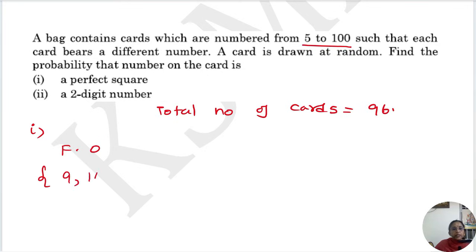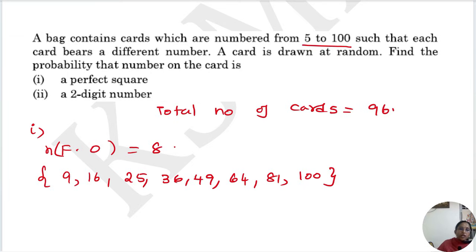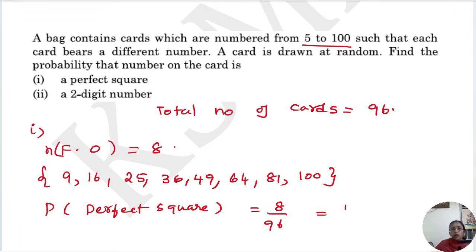So here 9, 16, 25, 36, 49, 64, 81 and 100. So the number of favorable outcomes is equal to 8 here. So probability of perfect square is equal to 8 divided by 96. On reduction, this is 1 by 12.